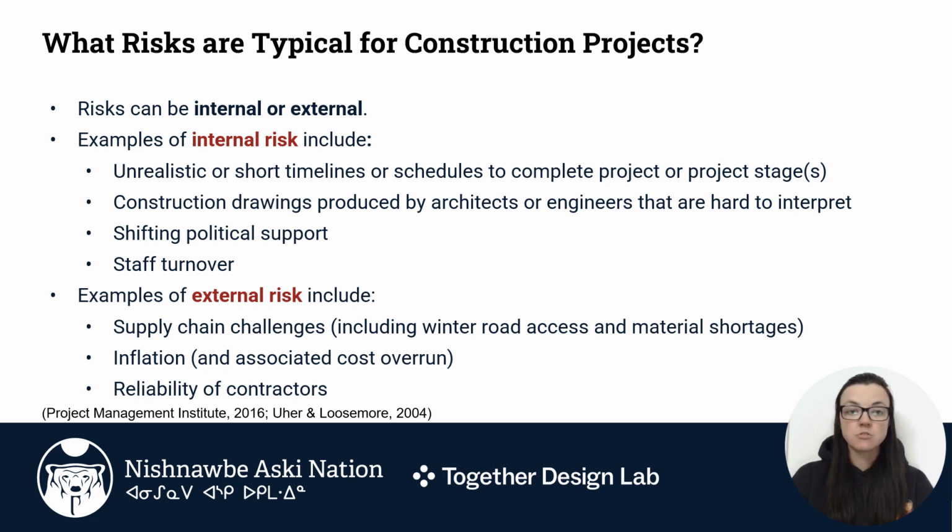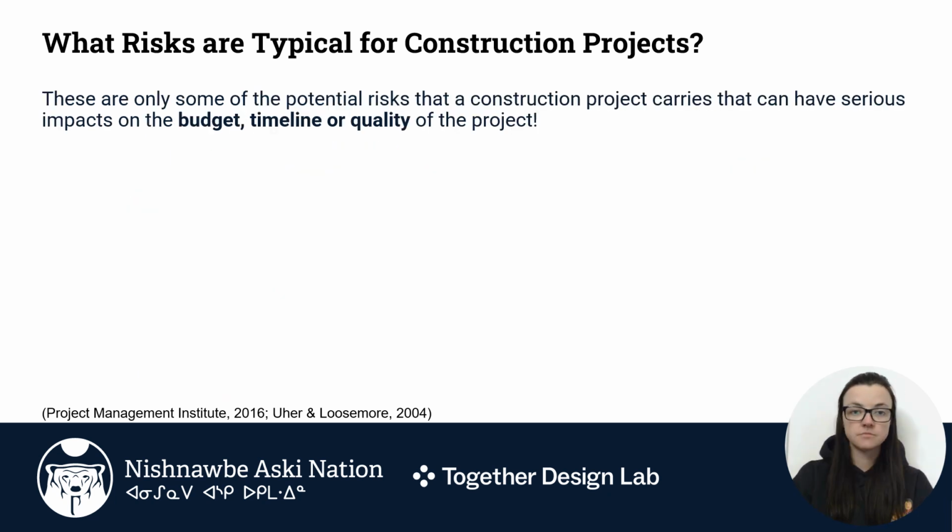Examples of external risk can include supply chain challenges, including winter road access and material shortages. This could also include the high cost for airline freight, inflation and associated cost overruns, and reliability of contractors.